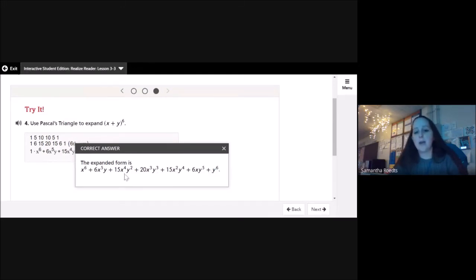And I use the numbers from Pascal's triangle in order to get this polynomial.